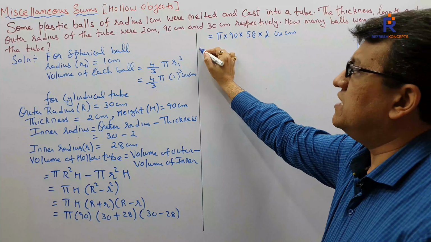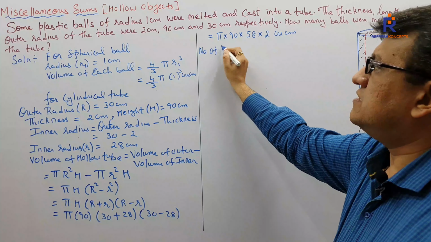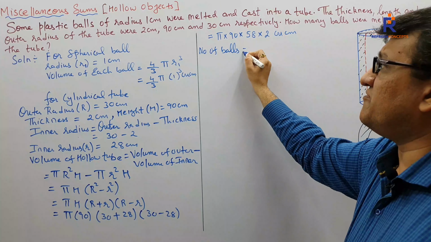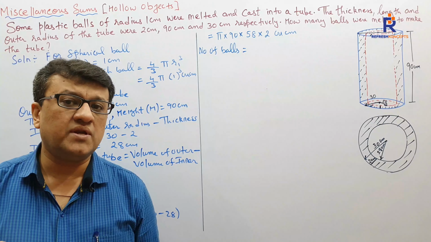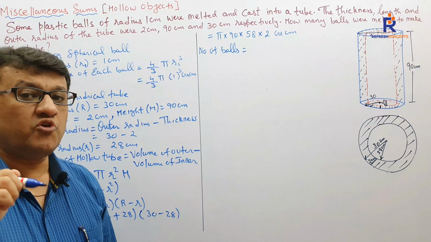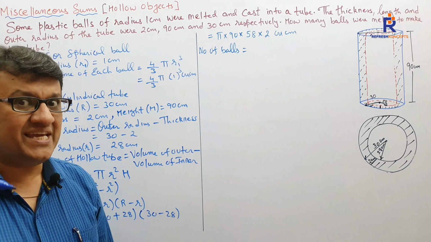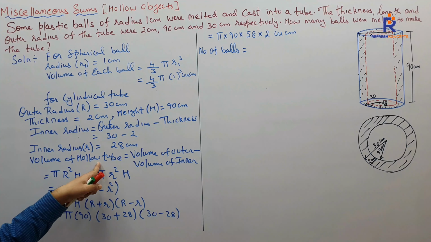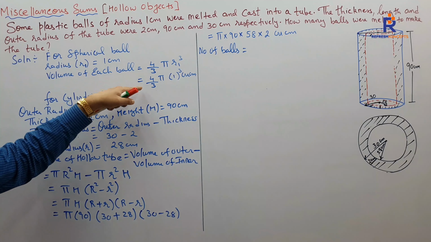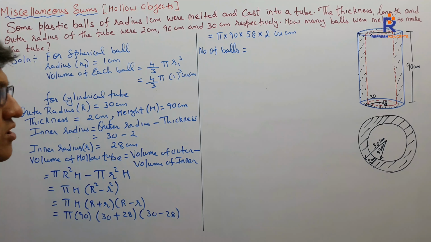So the number of plastic balls, or number of balls, is, what is the general formula we said? The general formula which we said was volume of bigger upon volume of each smaller. Who according to you is bigger? Don't you think so? It's the volume of the hollow tube. Who according to you is smaller? The volume of each spherical ball.